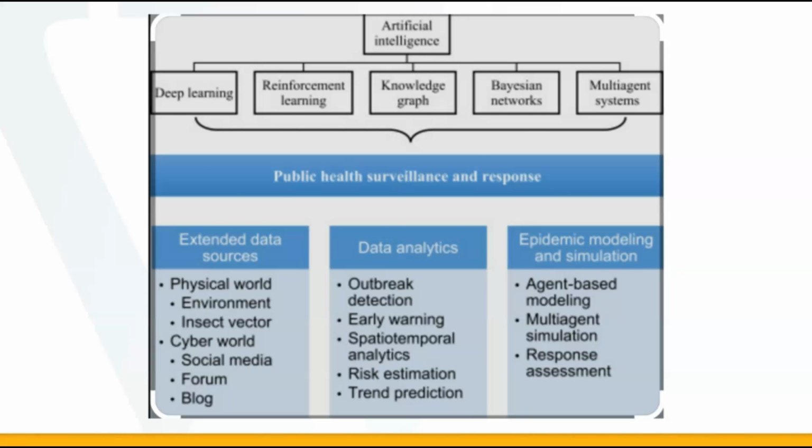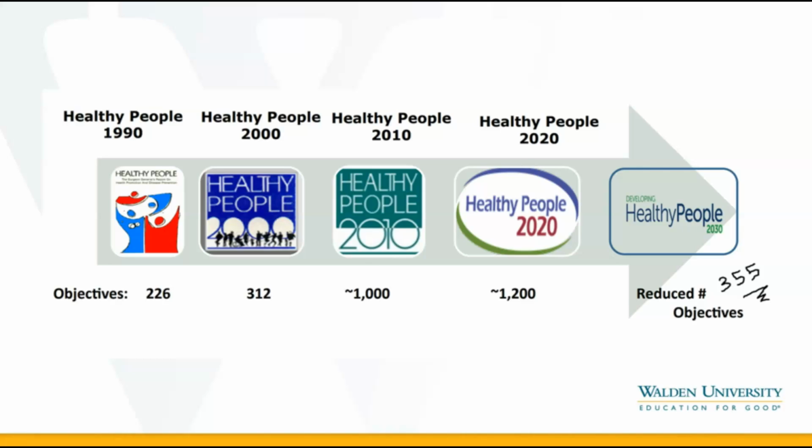So now, talking about, again, integrating some of this from the perspective of Healthy People 2030. So I'm using Healthy People 2030 to illustrate how AI can interface with public health.